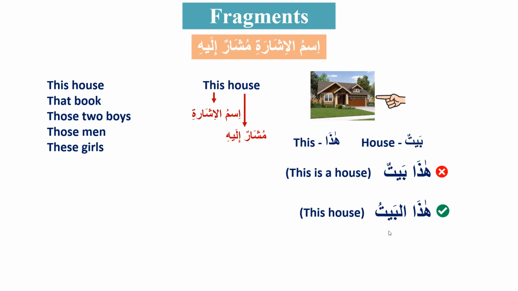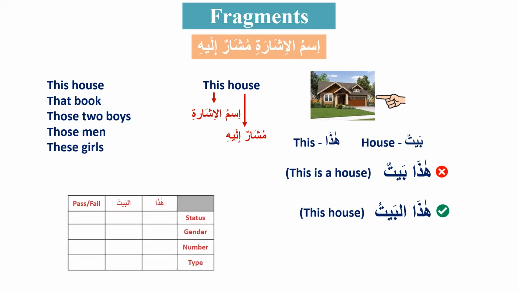And they have to match in all the 4 properties for them to be called ismul ishara and musharun ilay. So we will check that and then we will conclude, inshallah, today's lesson. I have this table here, haza and al-baytu. All right, so we need to know the status of both of these words. Burak, what is the status of al-baytu?